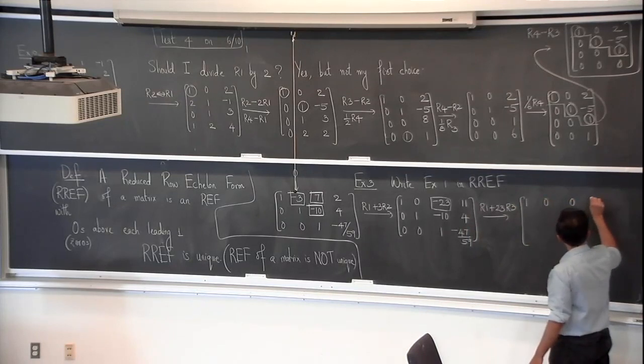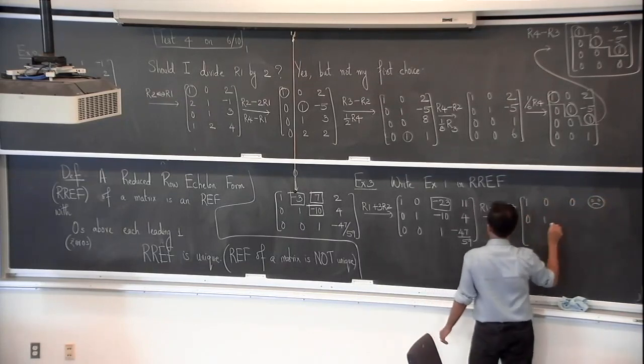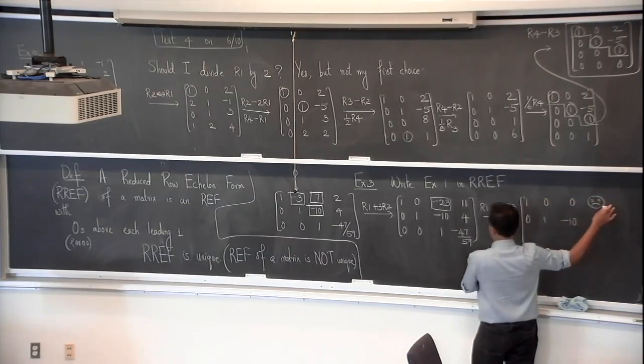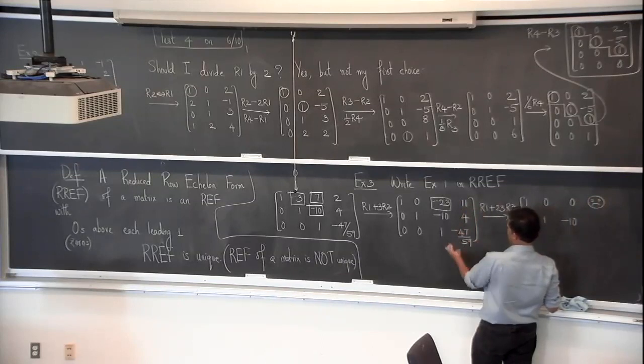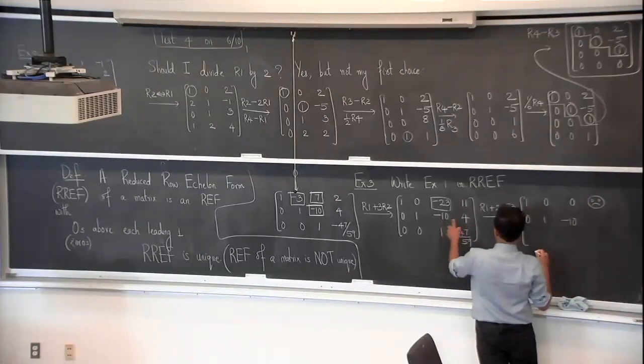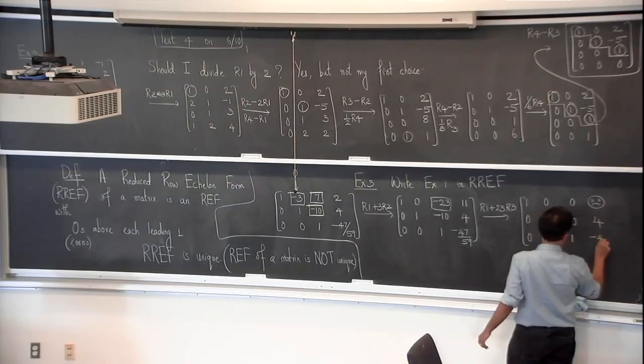Just going to put like this down. 0 1 -10. When you get some free time, just calculate what the number is. 11 plus 23 times this bleep here. So 0 1 -10 4 and 0 0 1 -47 over 59.